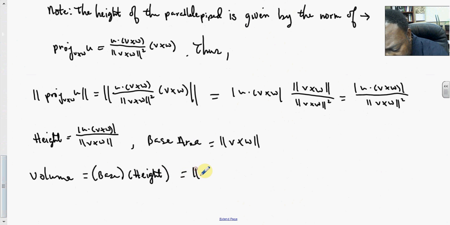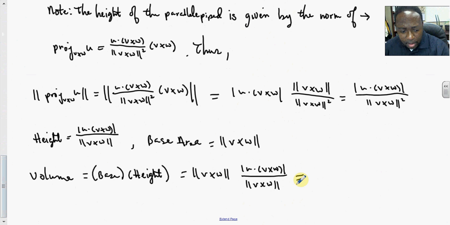So the base is the norm of V cross W, and this is times the height, which is the absolute value of U dot product with V cross W all over the norm of the cross product of V and W. So now do you see that the volume of the parallelepiped is the absolute value of U dot product with V cross W?